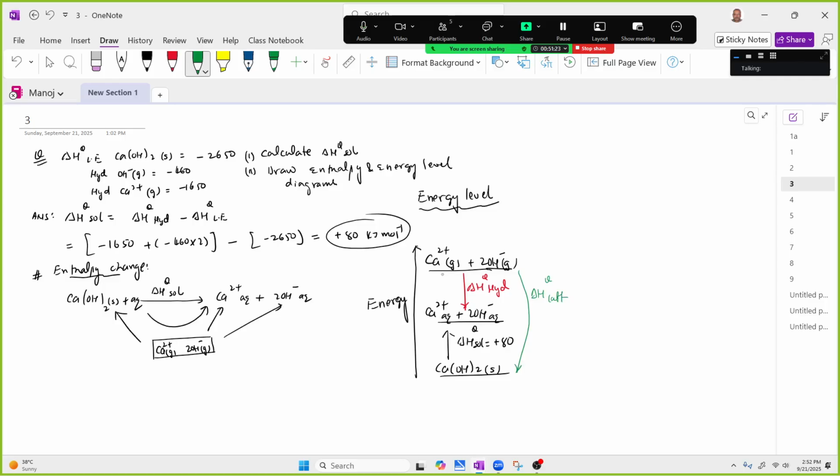Now tell me if anyone has a problem in labeling. Lattice was given minus 2650. Solution you calculated. Hydration for calcium was given minus 1650 and hydration for OH was given minus 460 times 2.